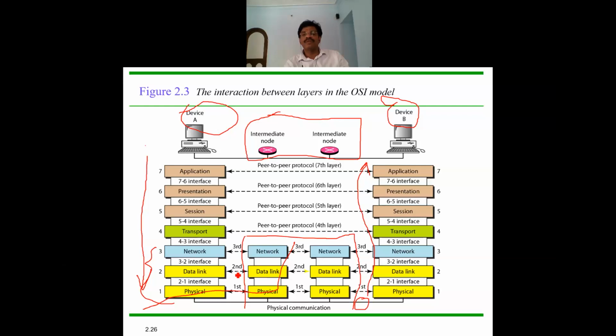Swati Chavan. Yes, Swati. We will continue with our presentation again.